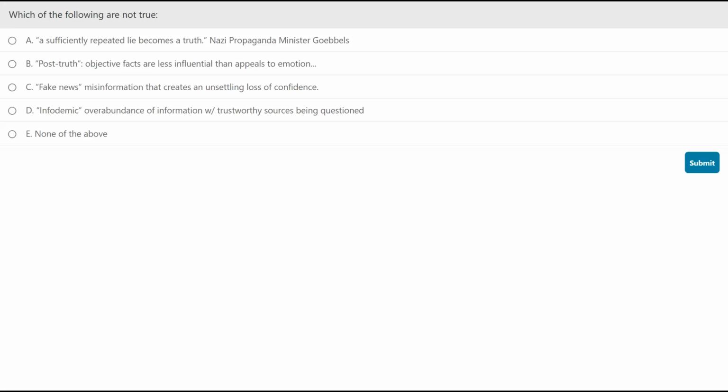D, infodemic: overabundance of information with trustworthy sources being questioned. Or E, none of the above. What do you think? Which of the following are not true? Got you thinking a little bit.